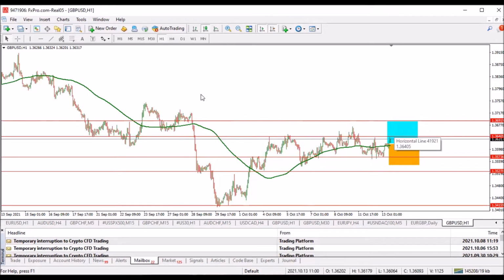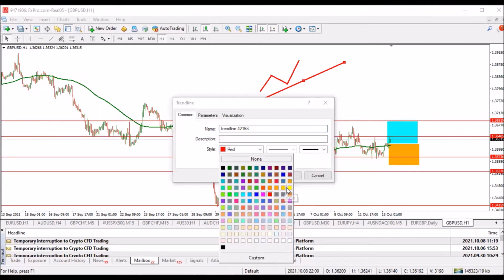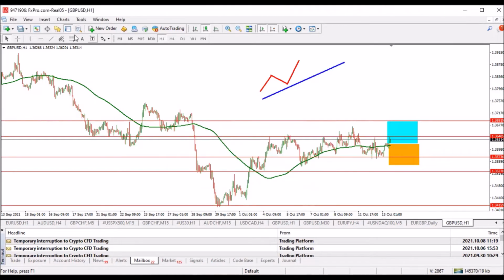So to recap again, your market is trending up like this. Okay, so it's an uptrend, and then you have your moving average here. So let's say this is a moving average. Moving average, sure you can see.